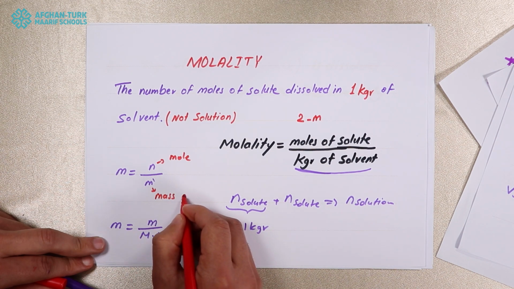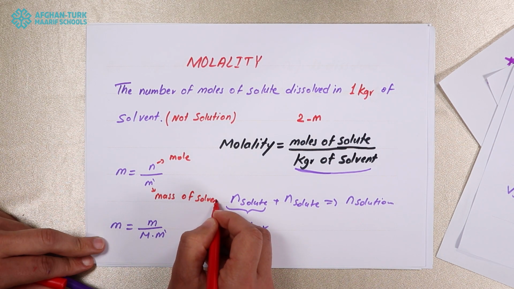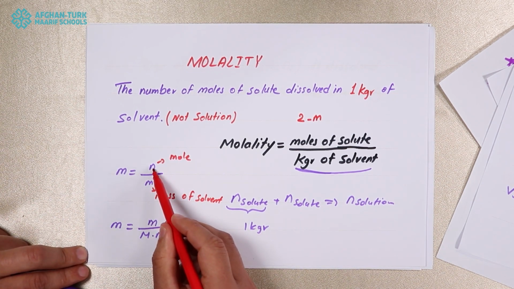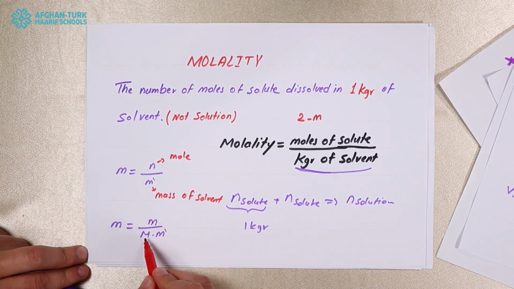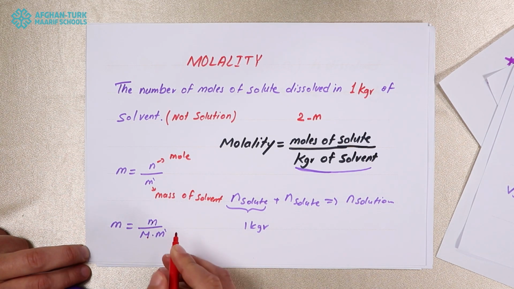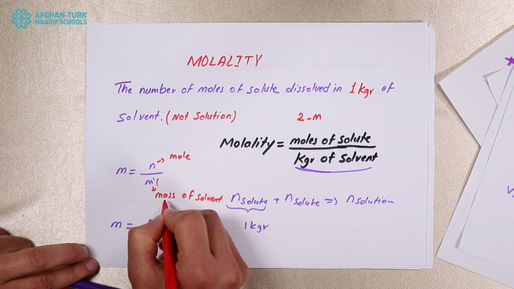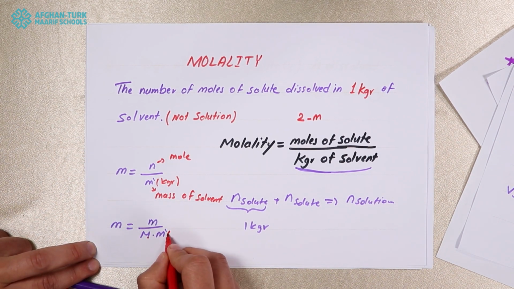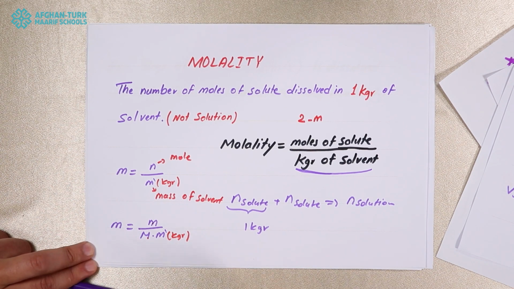We also have a second formula where instead of n we can substitute mass over molar mass. The mass of solvent m prime should be in kilograms.